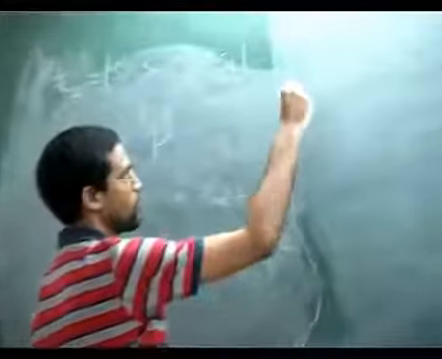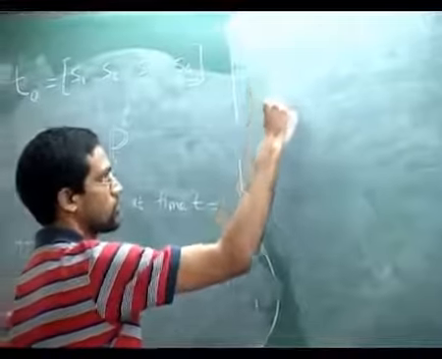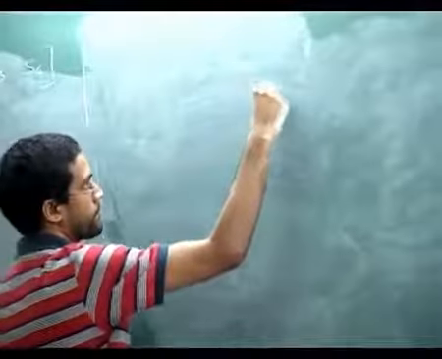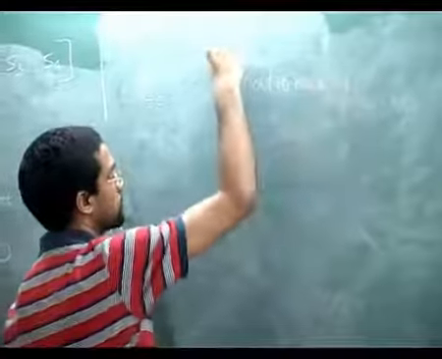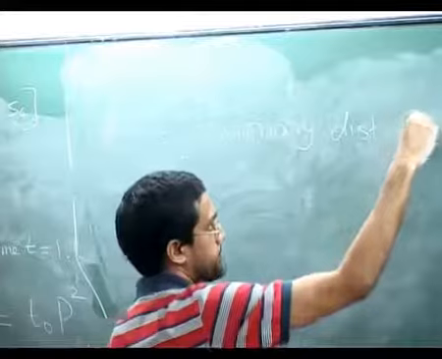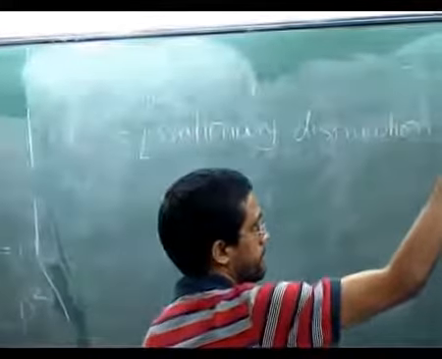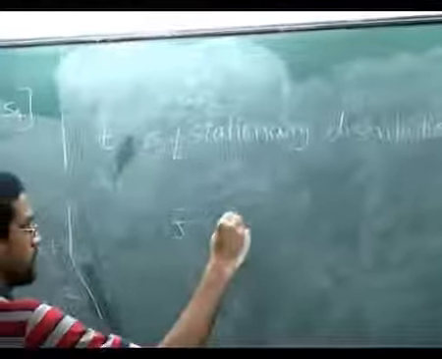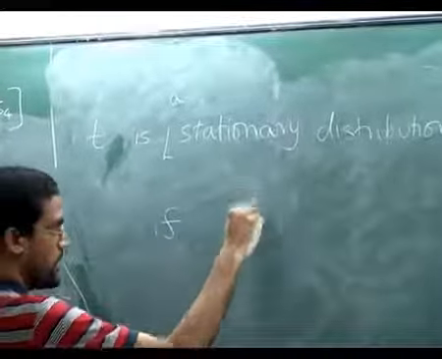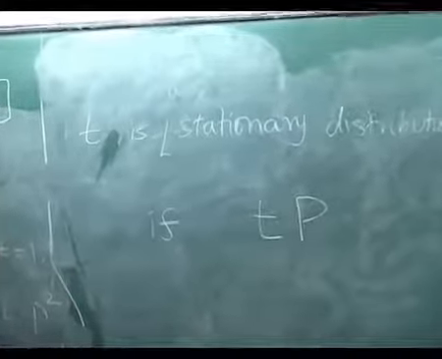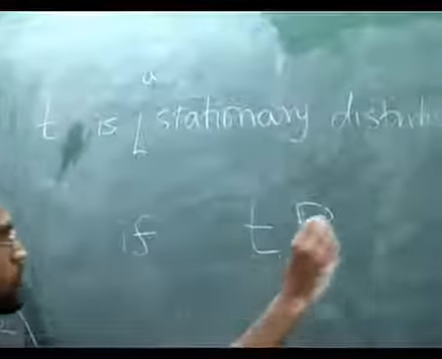So we will say that T0 is a stationary distribution for P if, or not T0 necessarily, T, if you do it one more step, from T you jump one more step, these are the new probabilities that you will get, T into P, that remains the same as the original probabilities.